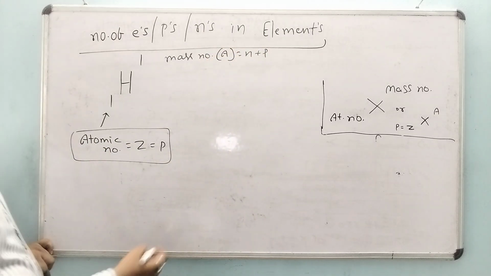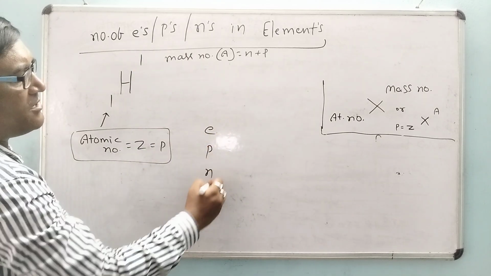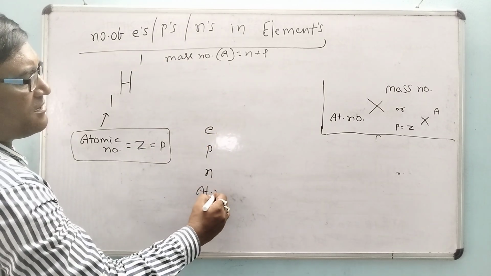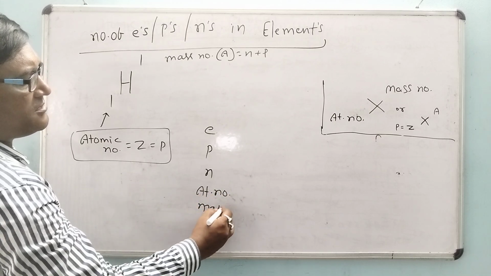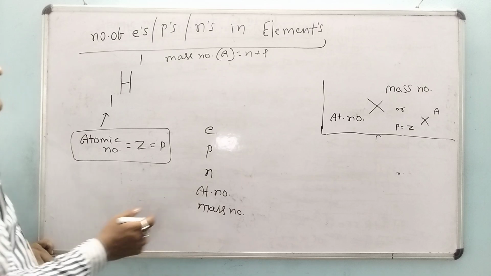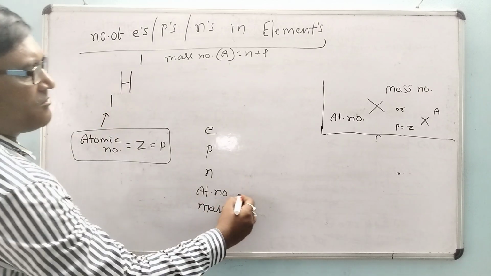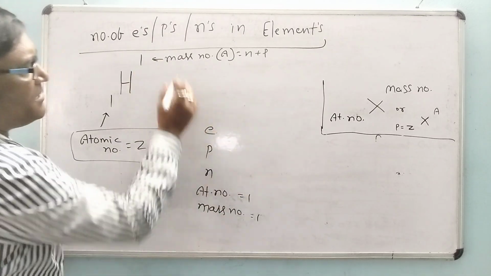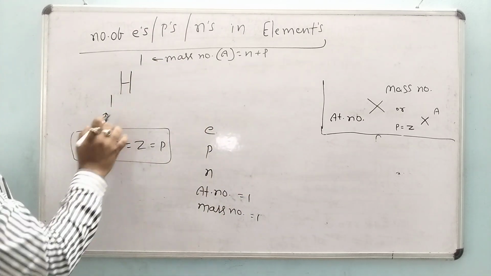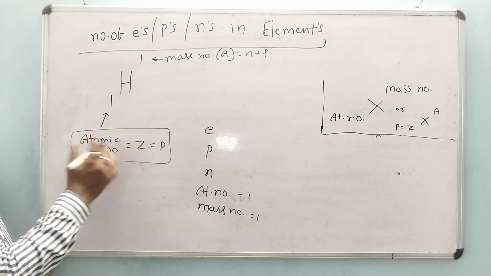Now we can find the number of electrons, protons, neutrons, atomic number and mass number of hydrogen. Here atomic number is 1 and mass number is 1. Atoms are electrically neutral.